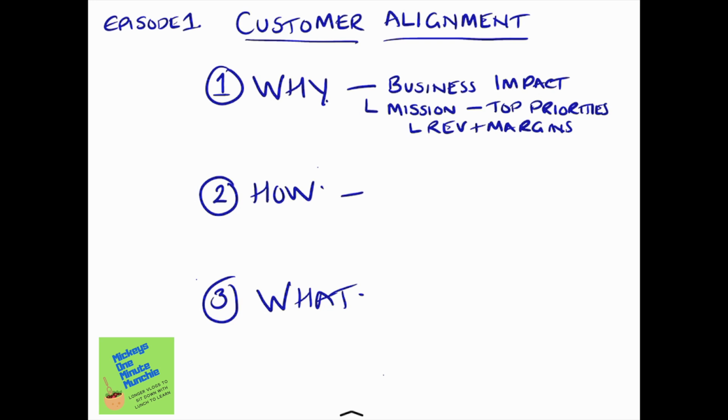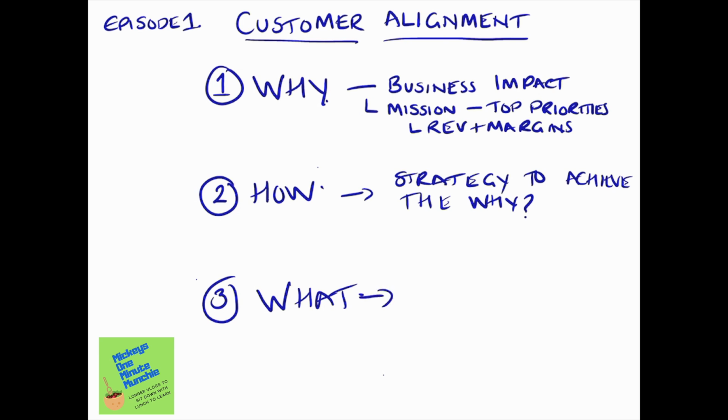The second element that I always try to look at with organizations is the how. This is the strategy that the company decides on to achieve the why. This is important because how the company decides to do something will determine what happens next.